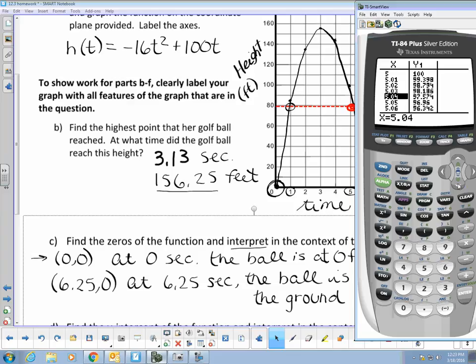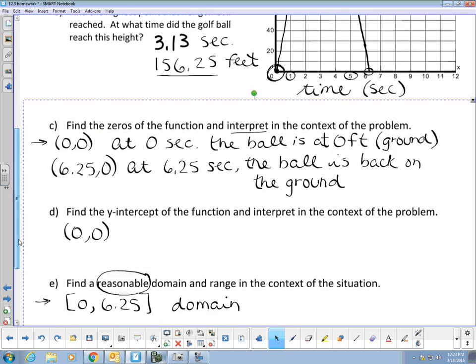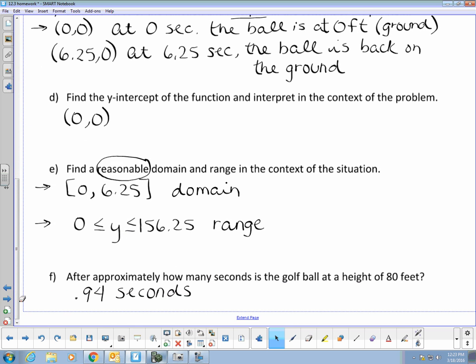So not real close, but if I move down, I'm going to reach it here real quick. And there again, I need to decide between 5.3 and 5.31. And I think I'm going to go with 5.31. 5.31 is a little bit closer to 80. So the second time that the golf ball reaches a height of 80 feet is 5.31 seconds.